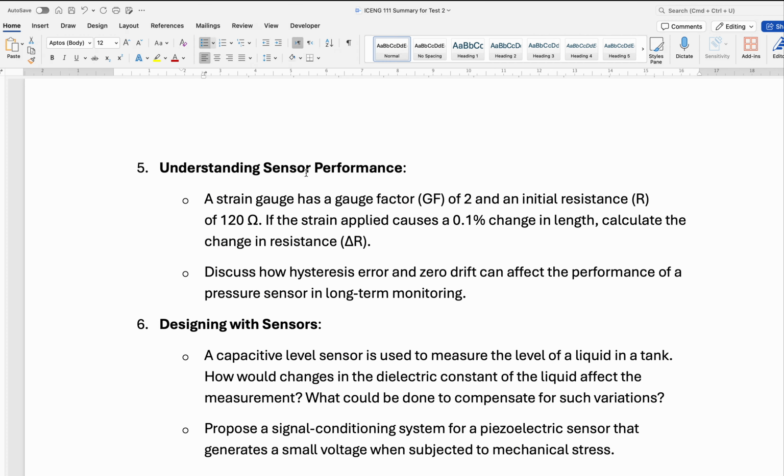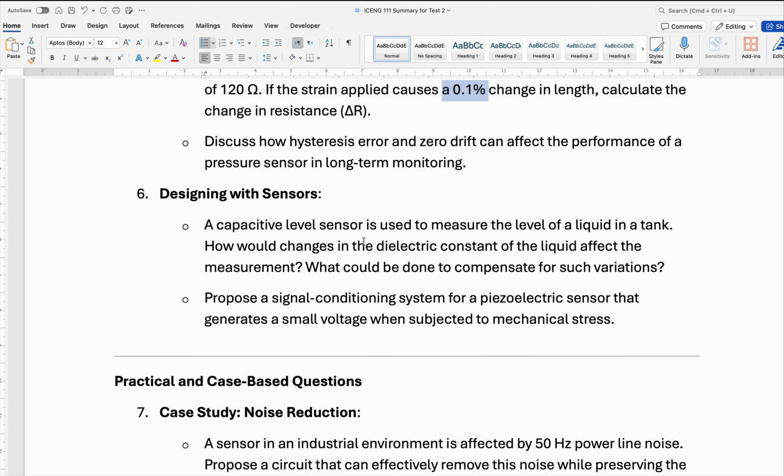Now looking at that, I have the gauge factor, I have the initial resistance R, and I have a 0.1% change in the length. So I have delta L divided by L. It said percentage, so that already is delta L over L. And we want to calculate delta R. Now everything is there. So just GF times the initial resistance times 0.1%, and you're going to find the answer.